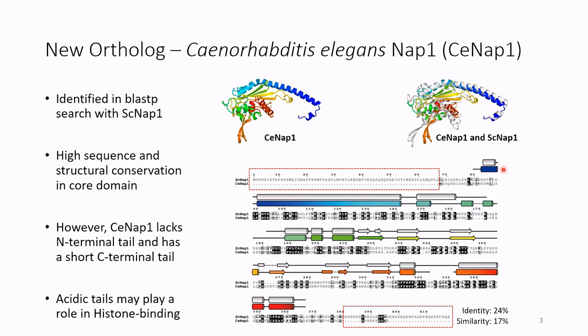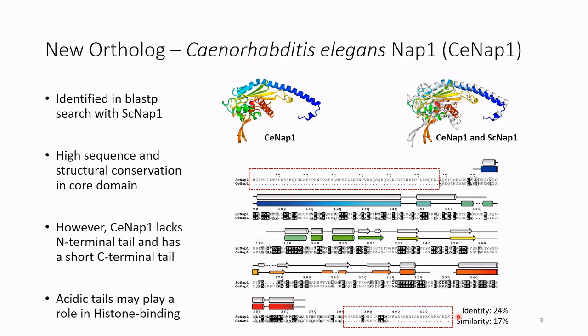Now, if we look at a sequence alignment, it is immediately apparent that yeast NAP1 contains extra regions outside of this core domain. In particular, it contains this N-terminal tail and this C-terminal tail. Now, these tails are not present in the yeast NAP1 structure, presumably because they're disordered.